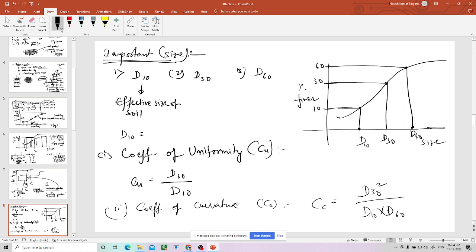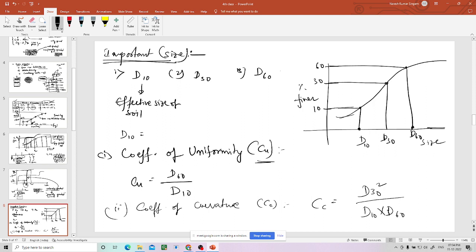Now you understood what is percentage finer, coefficient of uniformity, and coefficient of curvature. These are the values which can tell you the gradation. You cannot tell by just seeing, right?